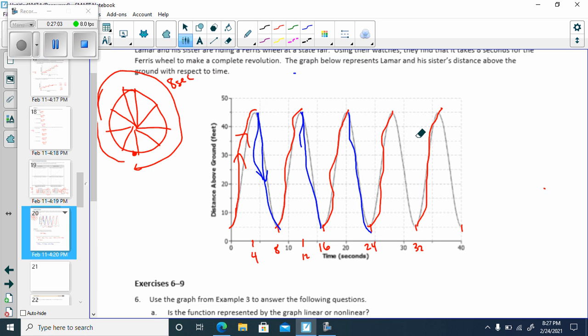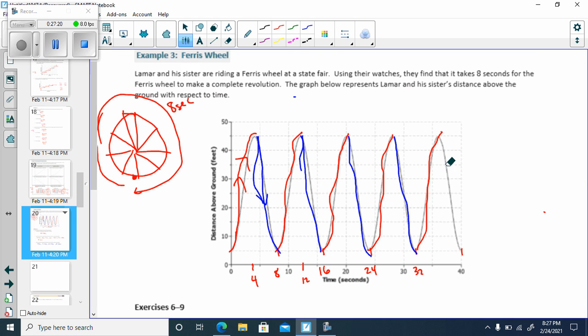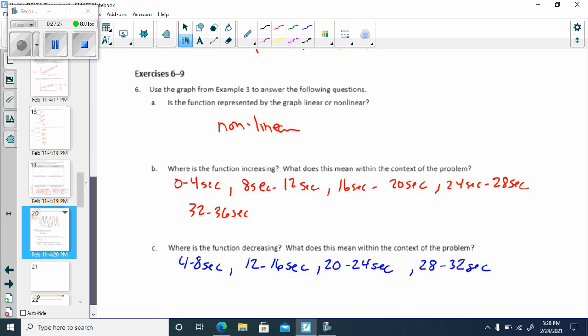Okay, let's see where else it's decreasing. From 28 seconds to 32 seconds is decreasing. Okay, and let's see where else is decreasing. From 36 seconds to 40 seconds is decreasing.